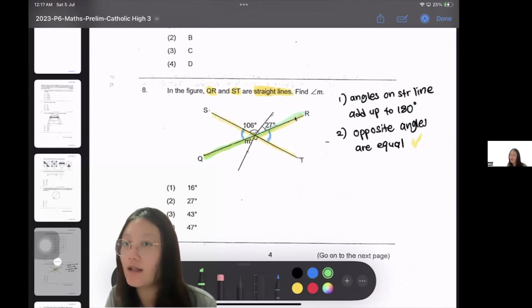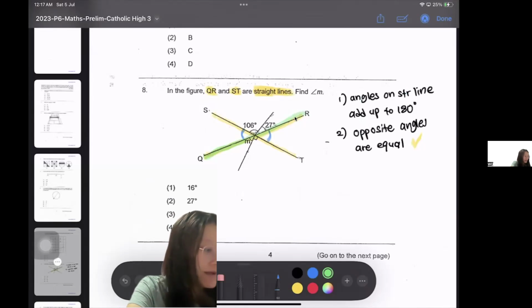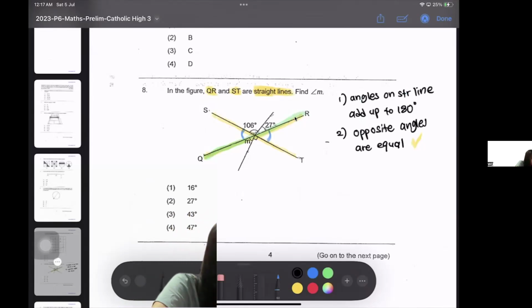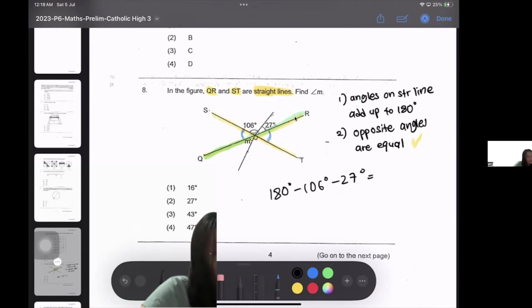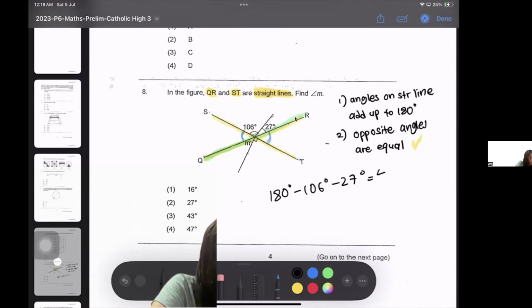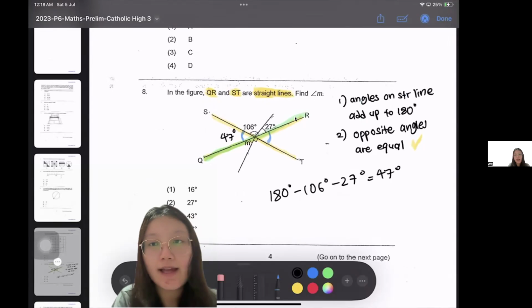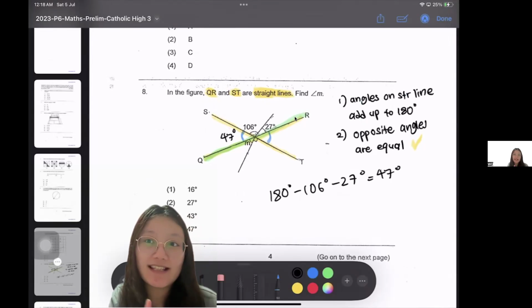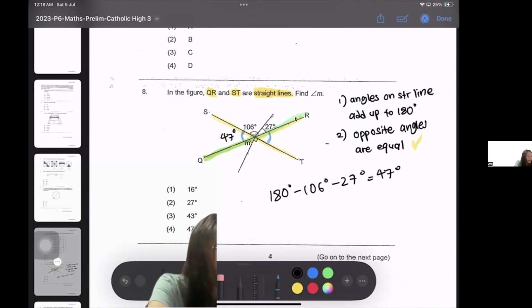And what you can do is you take 180 degrees minus 106 degrees minus 27 degrees. That will give you the blue angle, which is 47 degrees. And because the 47 degrees is the same as its opposite angle, let's write down the same degree on the opposite side.